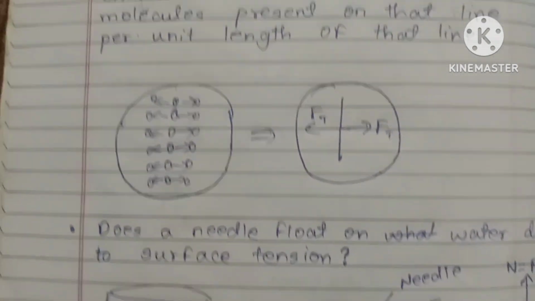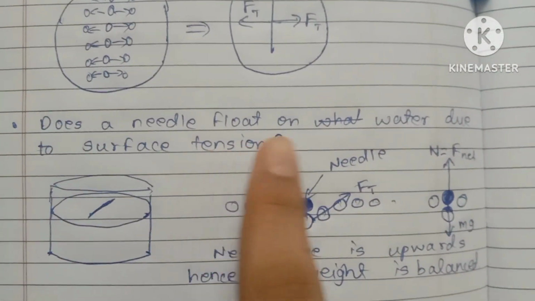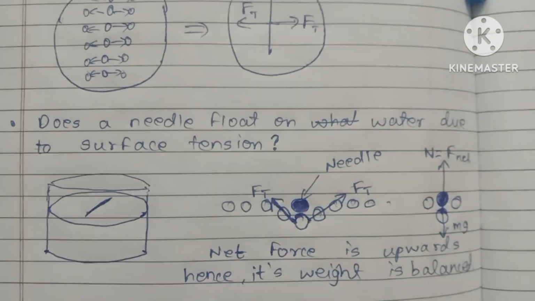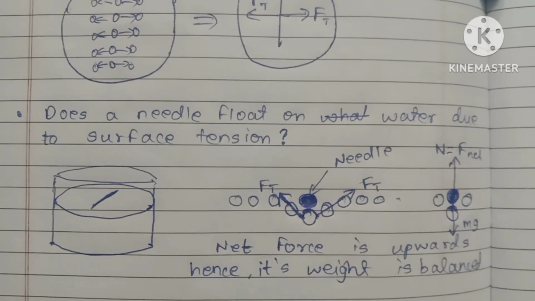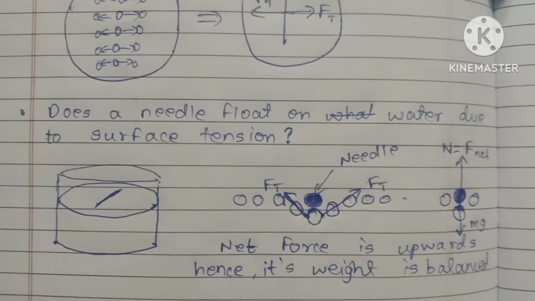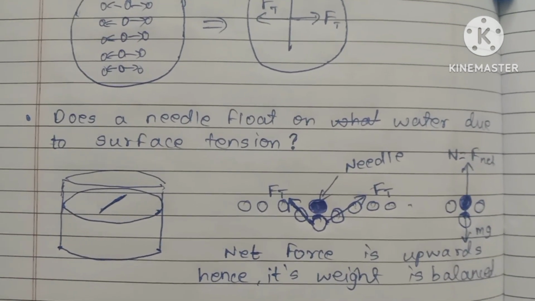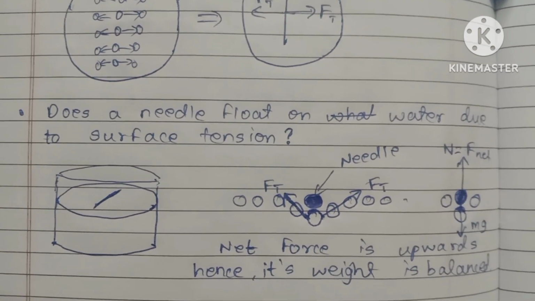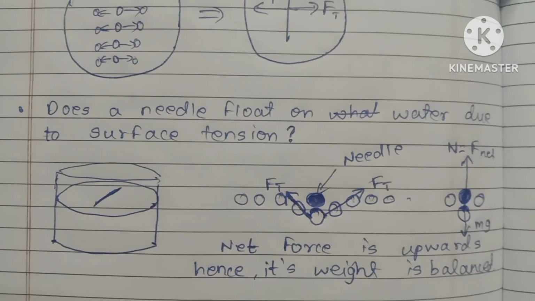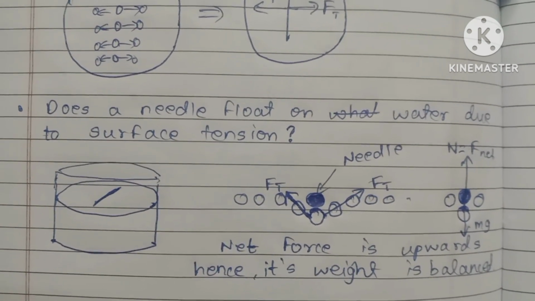Now, does a needle float on water due to surface tension? You must have seen many videos in which they show that a needle floats on water due to surface tension. So what is the real physics behind it?